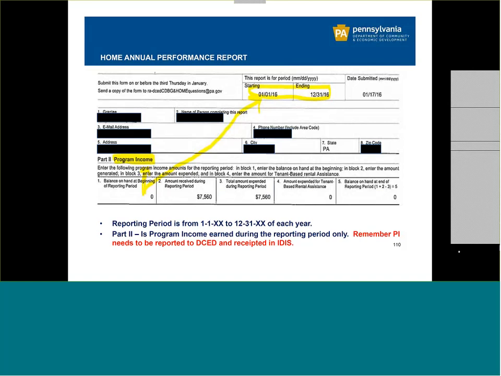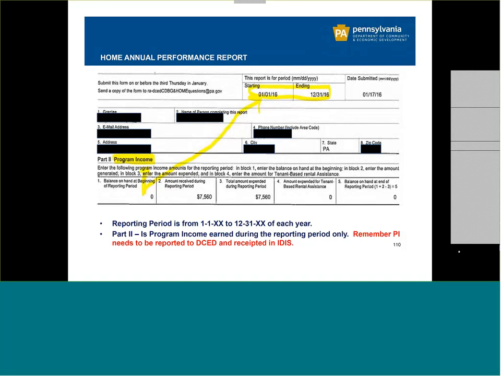It is the program income, not your contract amount, not how much you expended of your HOME funds that year. It is the program income that you brought in during that reporting period. So in this case, they brought in $7,560 during that reporting period, and they expended it, which is what we like to see.